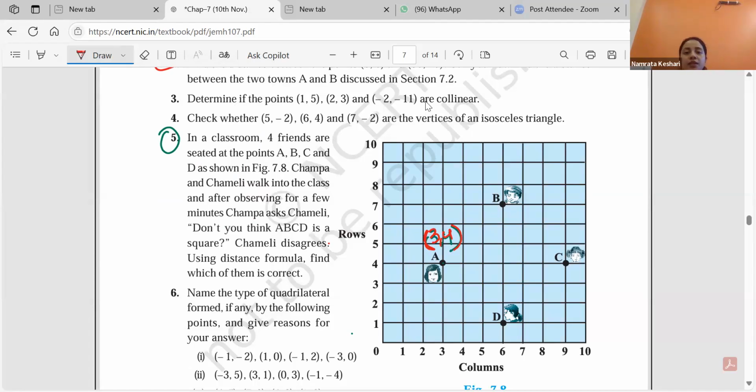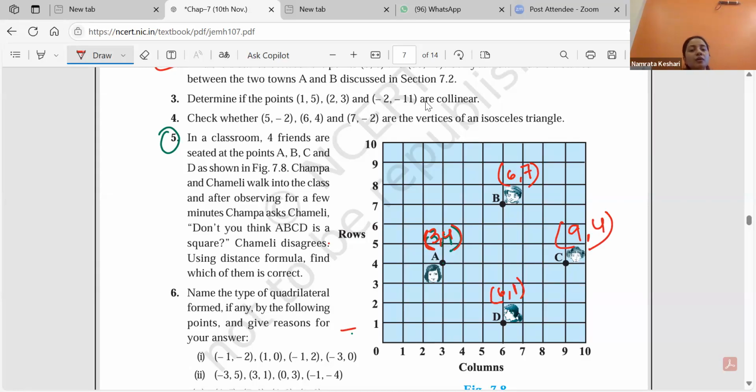Coordinate of point B, we can clearly see x is 6 and y is 7. Coordinate of point C is x is 9 and y is 4. Coordinate of point D is x is 6 and y is 1.